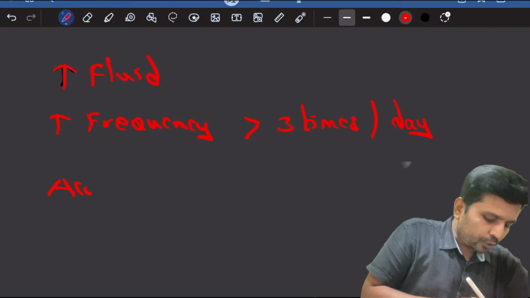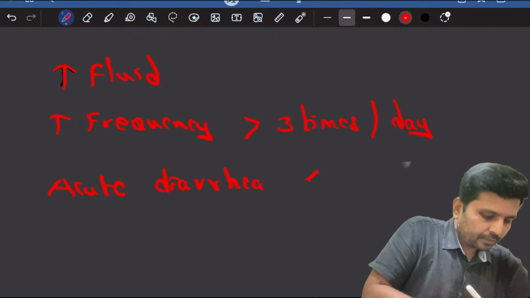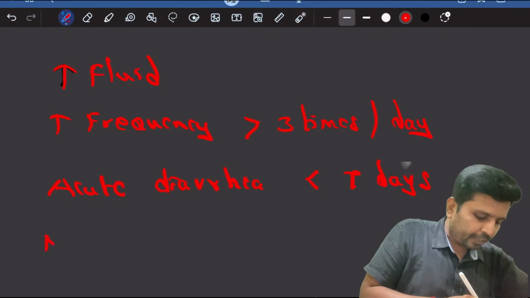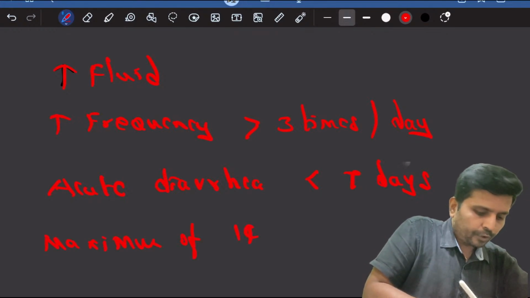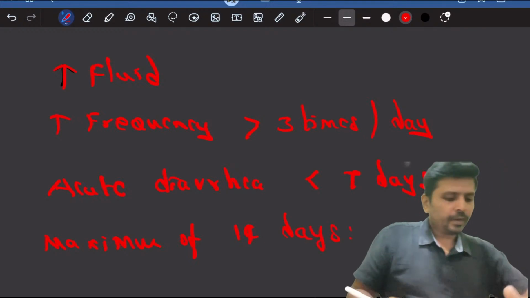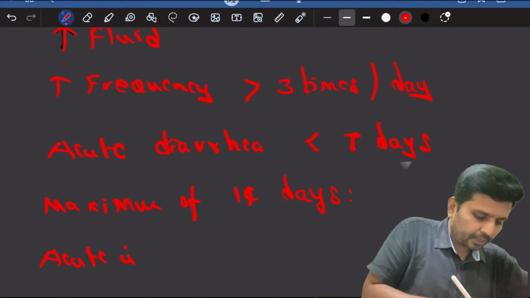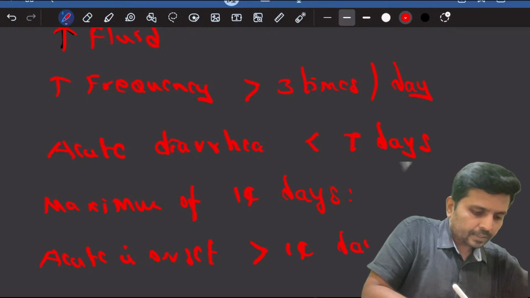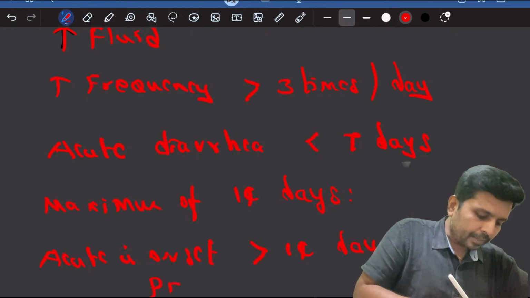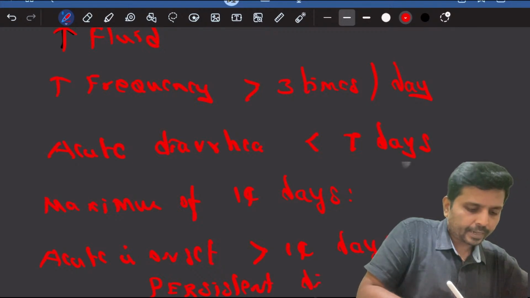Acute diarrhea usually resolves within 7 days, a maximum of 14 days. If it is acute in onset and lasting for more than 14 days, that is called persistent diarrhea.